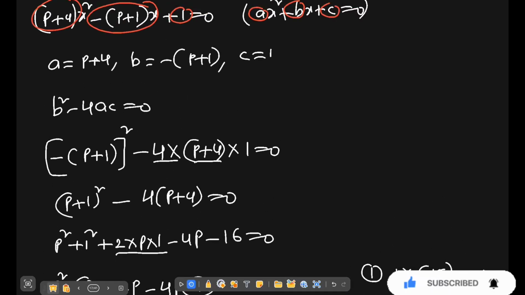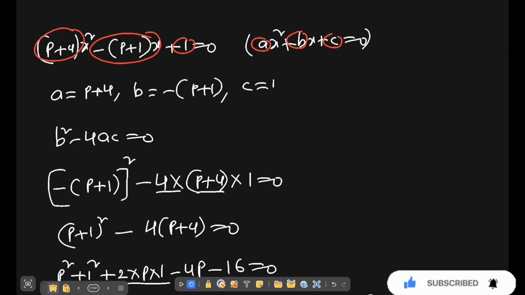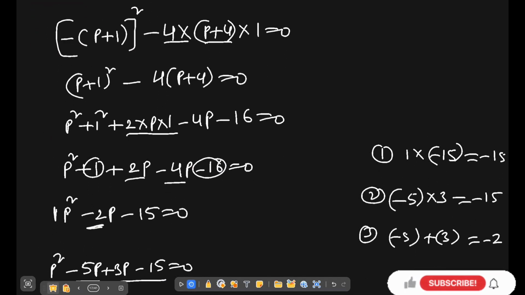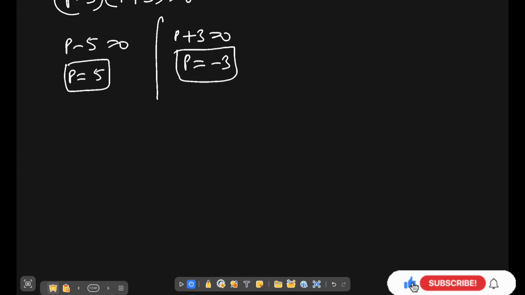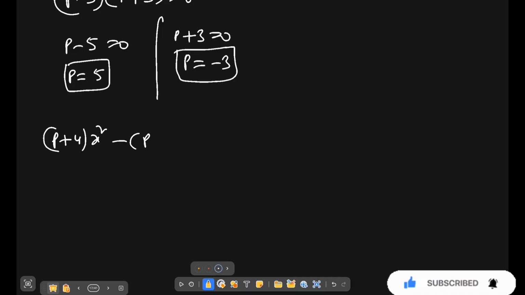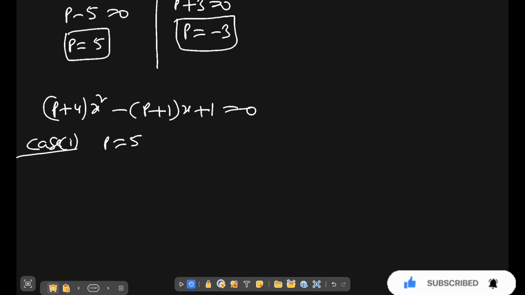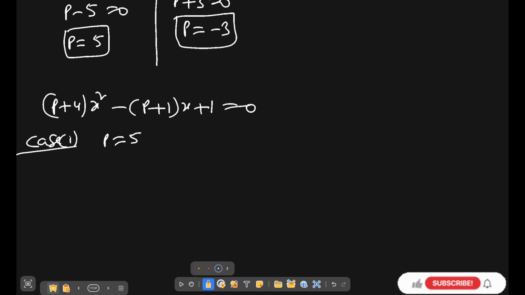The given equation is p plus 4 x square minus of p plus 1 x plus 1 is equal to 0. Now case 1. If p value is 5, what is the equation that we will get here? Let's substitute here p value 5.